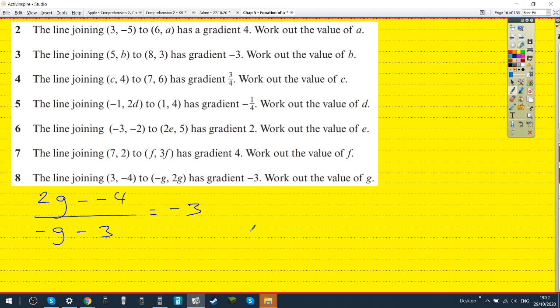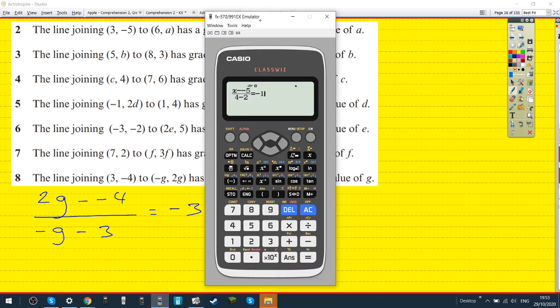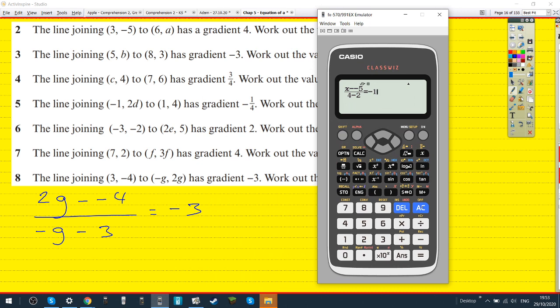So can we use a calculator for this? We can't, why not? Because there's two x's that you need to put in. Oh wait, no, it would work, wouldn't it? Because x is the same. Yep, exactly.